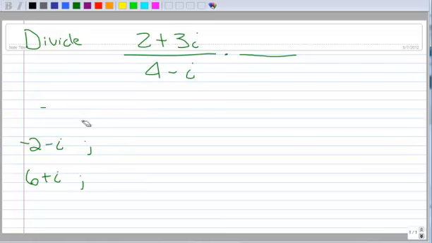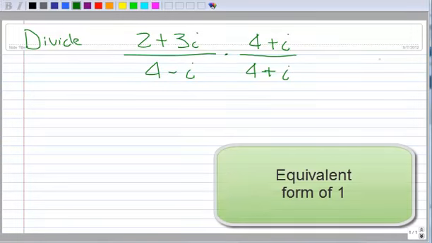Alright, so we have to multiply by the complex conjugate, and now we know what the complex conjugate is. So when we multiply by the complex conjugate, you simply make the denominator the complex conjugate and the numerator. And when you multiply anything by a fraction where the top is the same as the bottom, that's the same thing as 1.